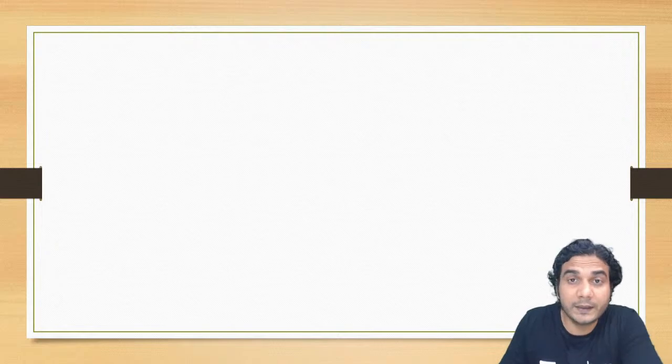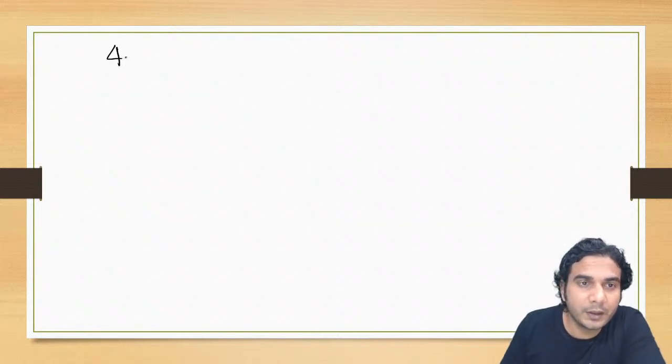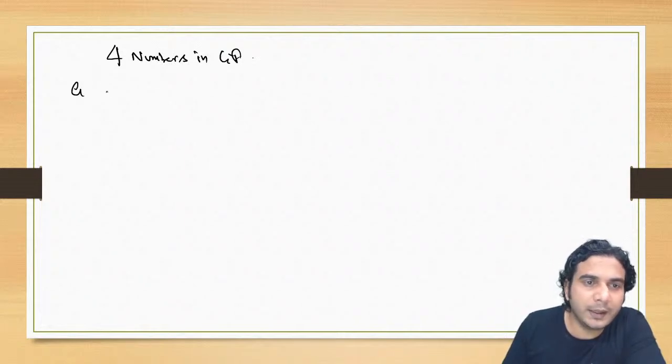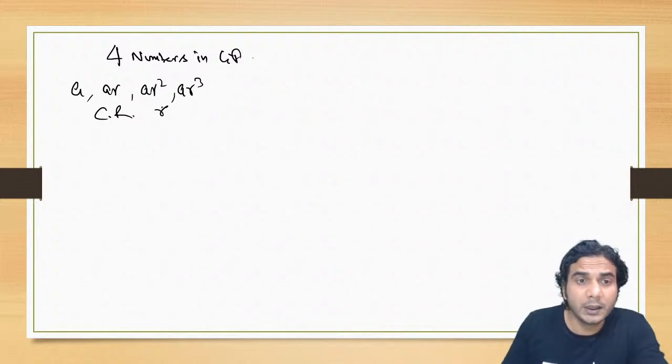But if you need to take an even number of terms, like 4 numbers in GP, then by the same logic you can take A, AR, AR square, AR cube, and the common ratio is R. So far the common ratio is R in all the numbers we have taken in GP in the previous slide as well as this.